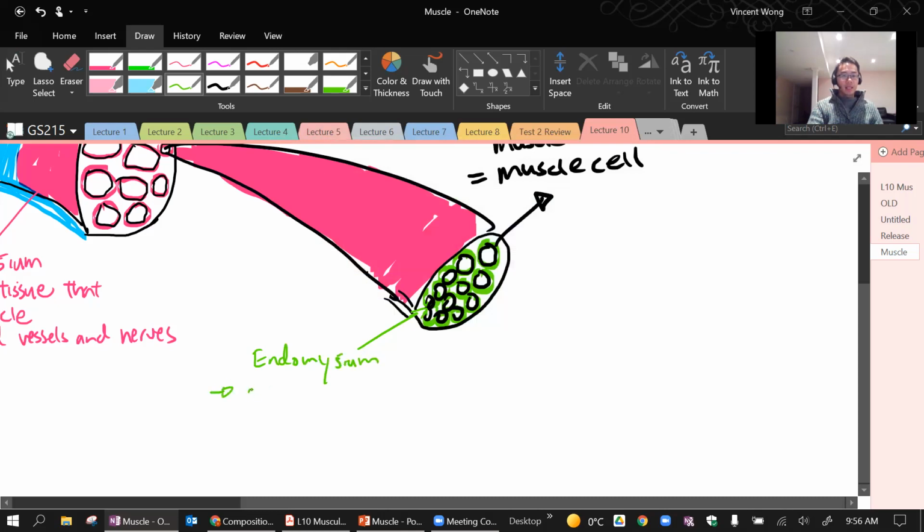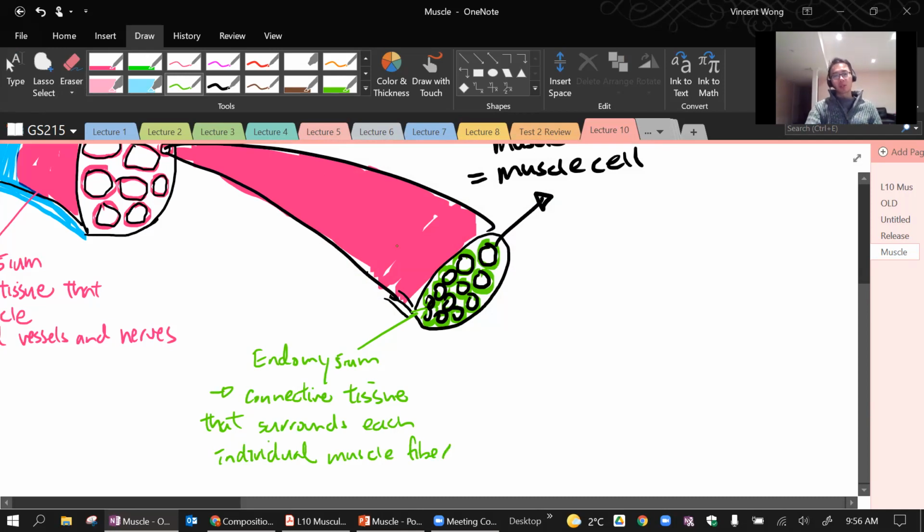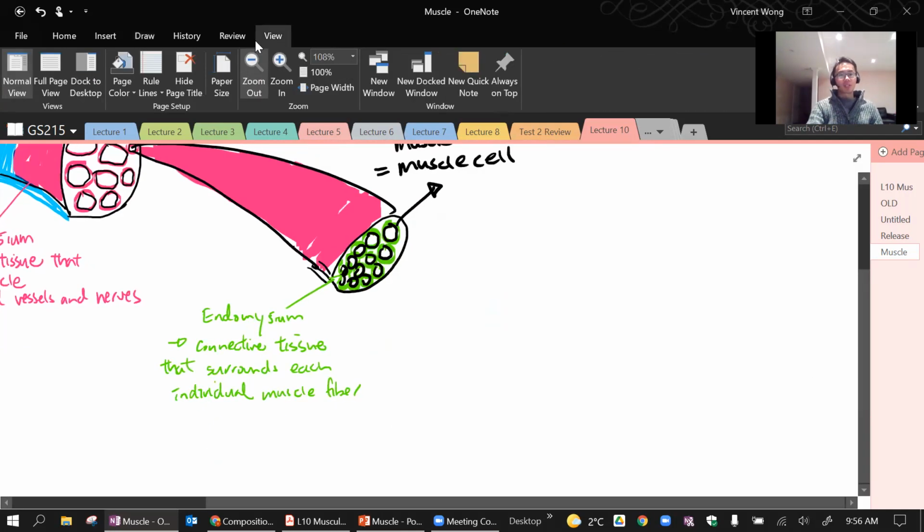It's a connective tissue that surrounds each individual muscle fiber. Muscle fiber is the same as muscle cell, just like a neuron is the same as a nerve cell.